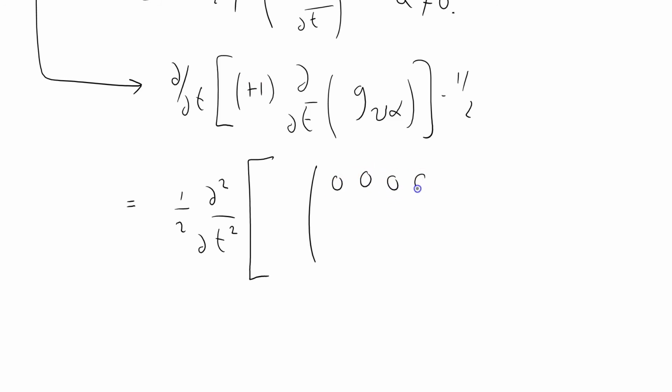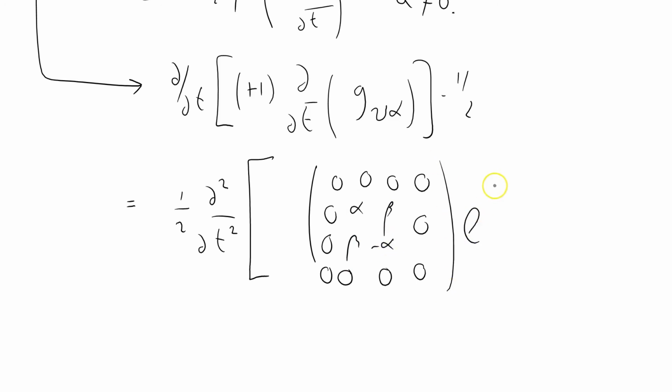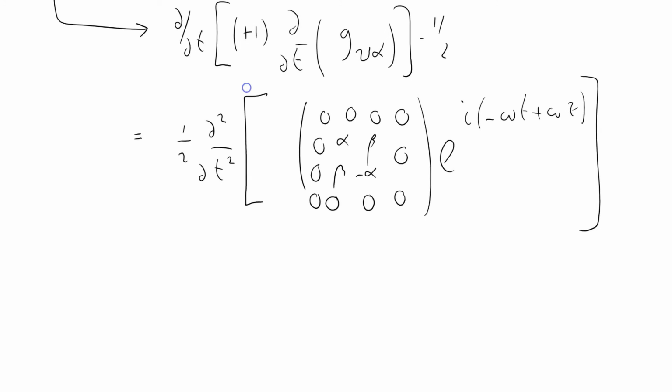0, 0, 0, 0, 0, 0, 0, 0, 0, 0, 0, alpha, beta, beta minus, oops, that's a gamma, e to the i(minus omega t plus omega z). Aha, well that's nice, isn't it?